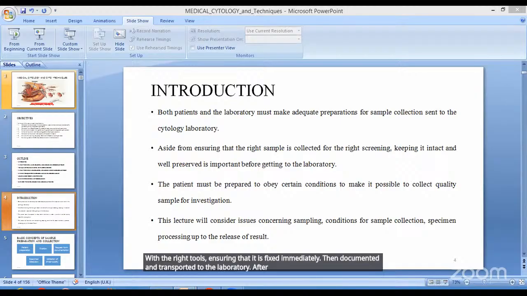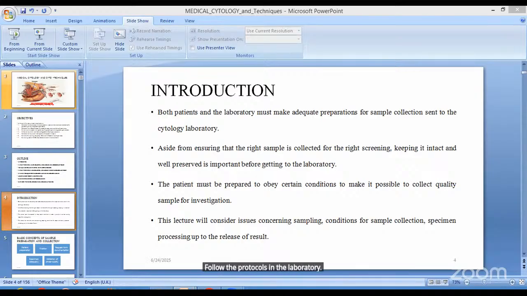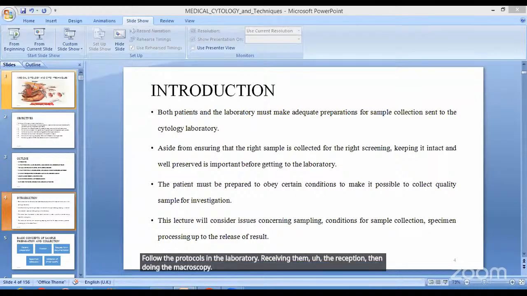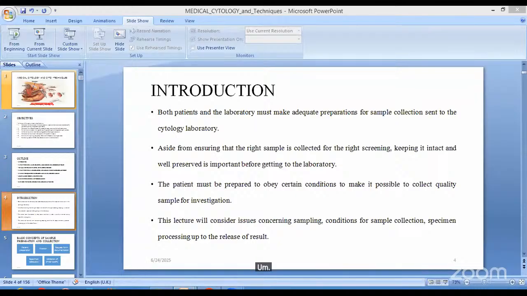After this is done, the analytical stage will follow the protocols in the laboratory: receiving them at reception, then doing the macroscopy, staining, validation, screening, and of course, the eventual diagnosis. This is followed by the post-analytic stage: reporting, typing, or transcription of results. After this, the report will be dispatched.